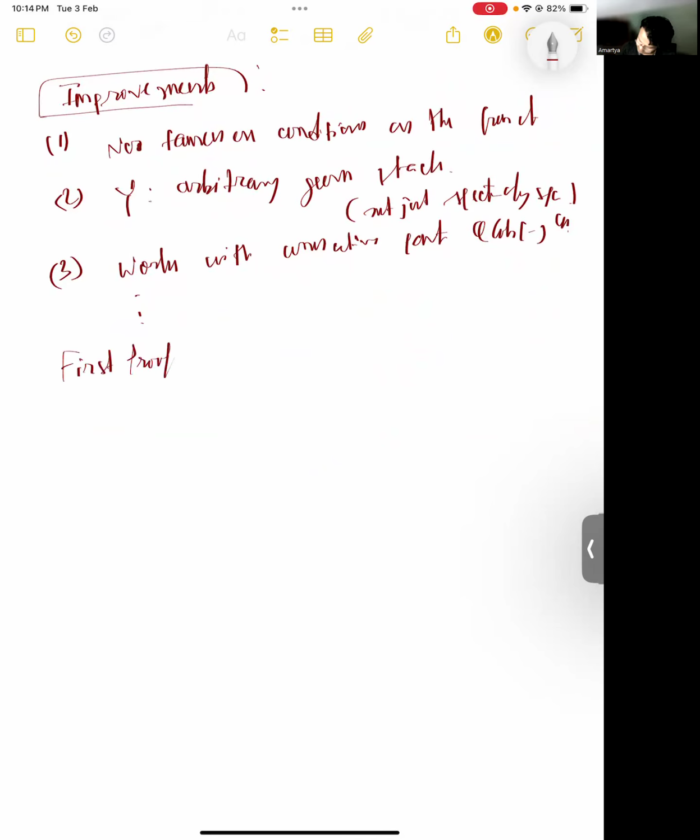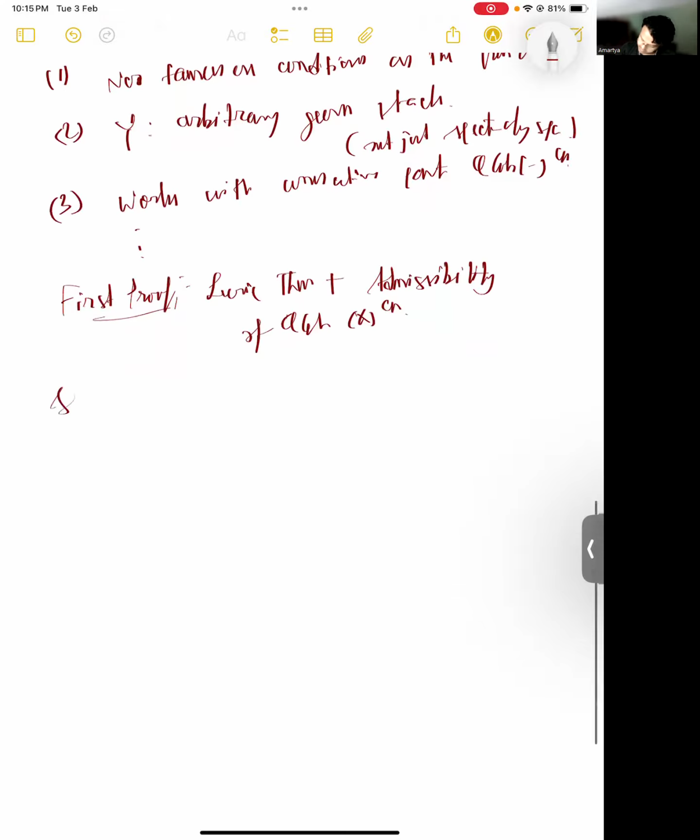The first proof is an application of Lurie's theorem plus the admissibility of QCoh, and we'll see everything in detail.